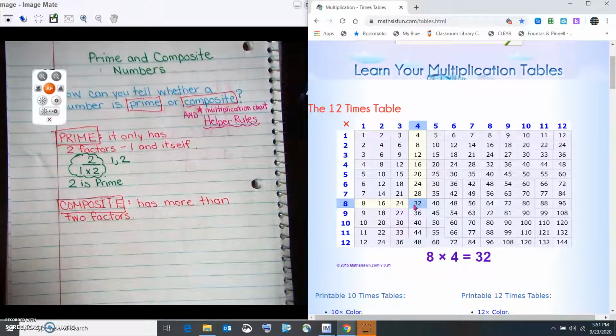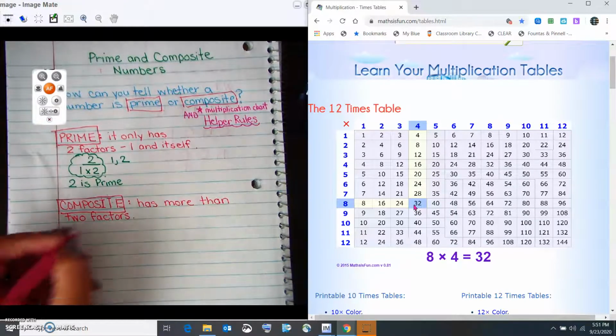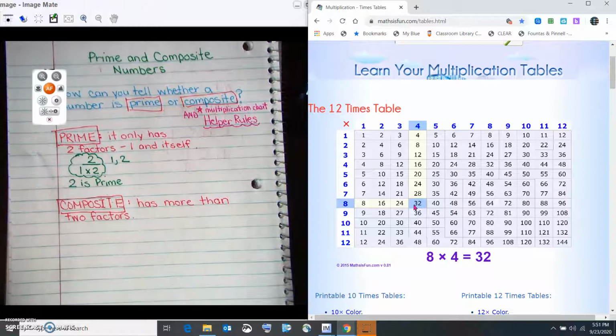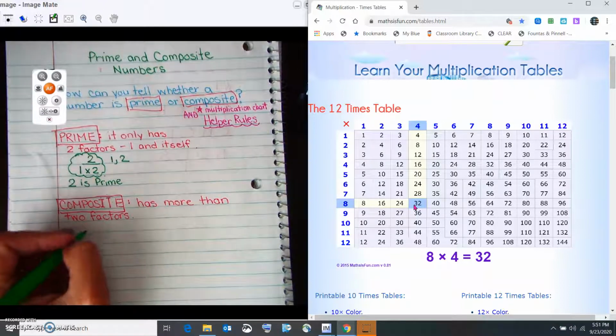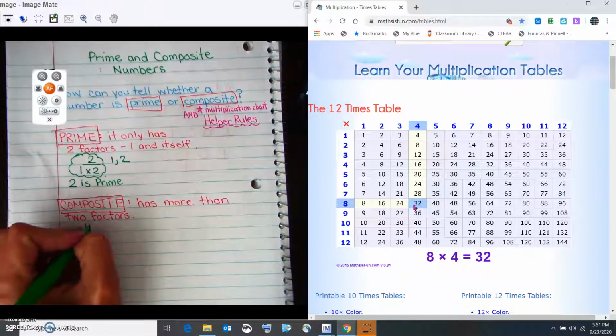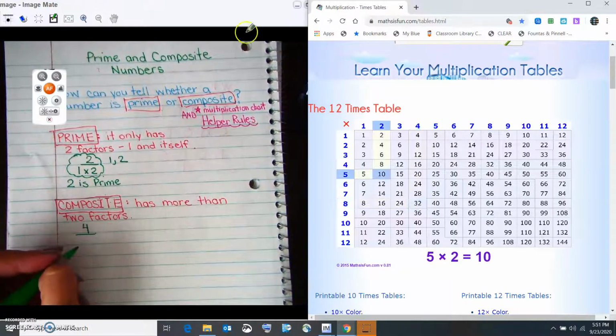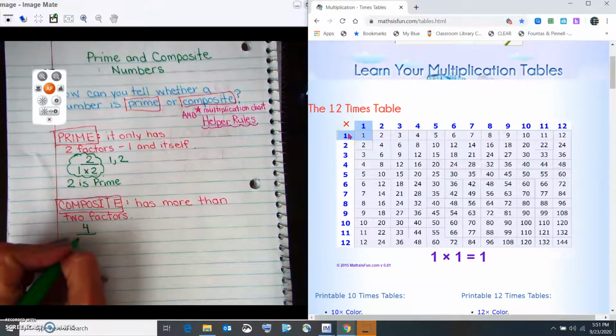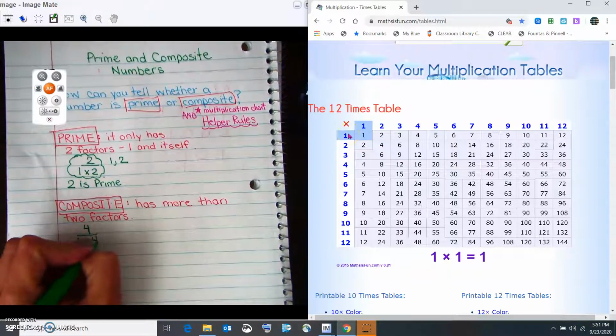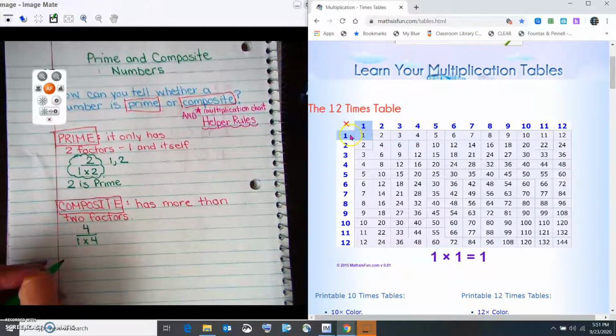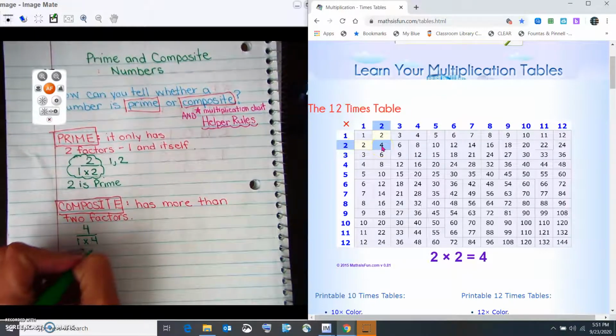So for example, let's pick the number 4. Alright, so I'm using my chart if I need to. So I always start off with 1 times 4. Alright, so then I go look. Oh, there's 2. There's 2 times 4.